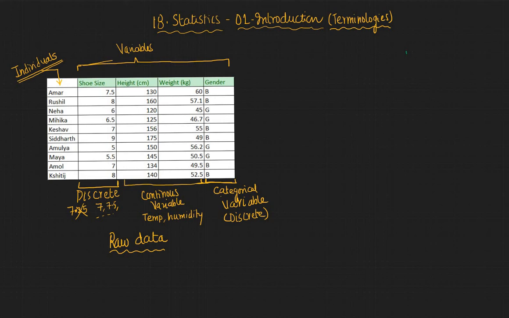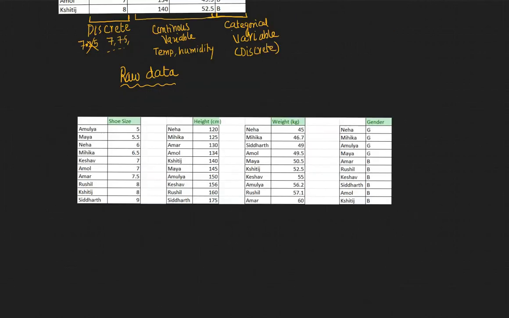So let's see how this data looks after sorting. Here you go. These are called array data, or you can say sorted data, right? These are sorted either in ascending or descending order.